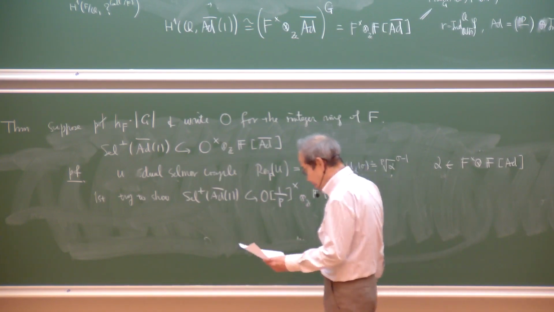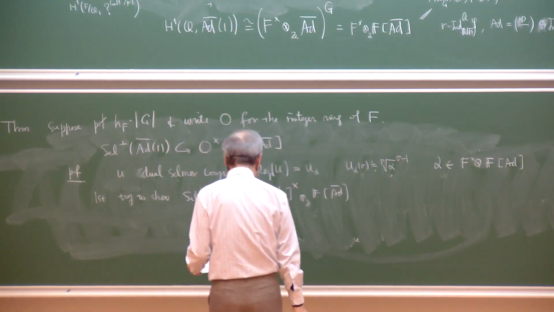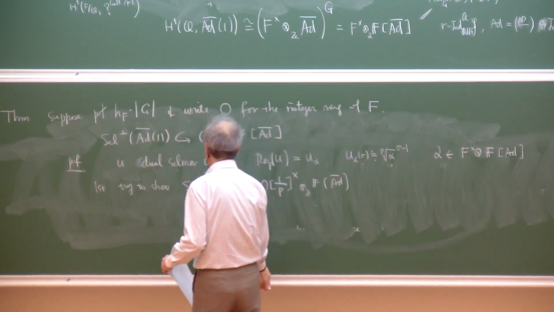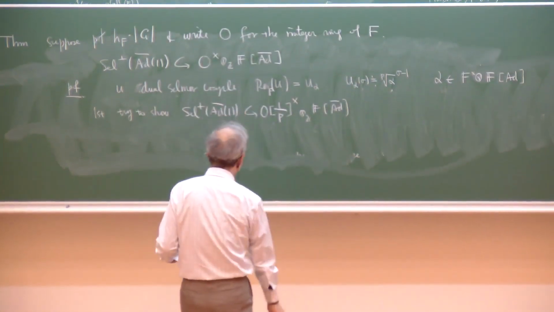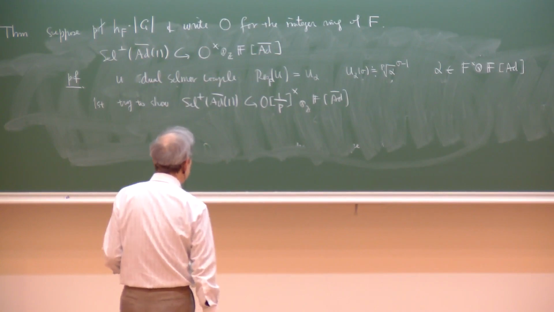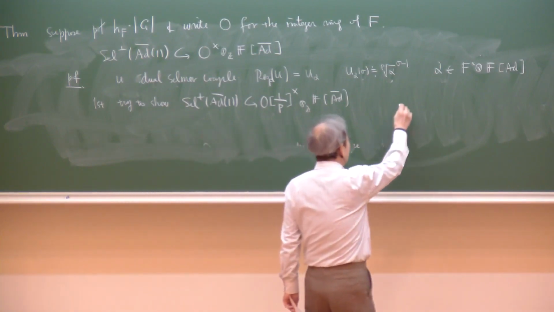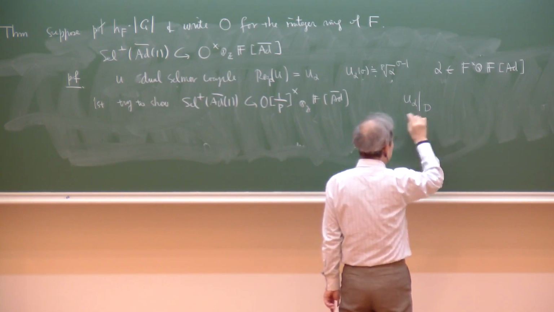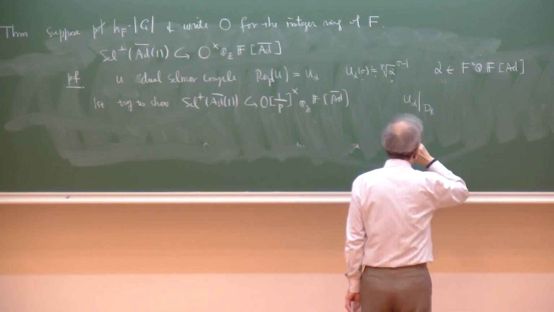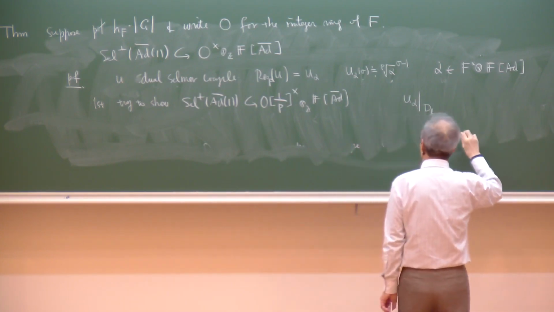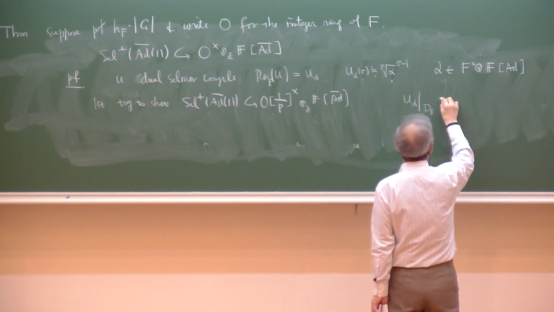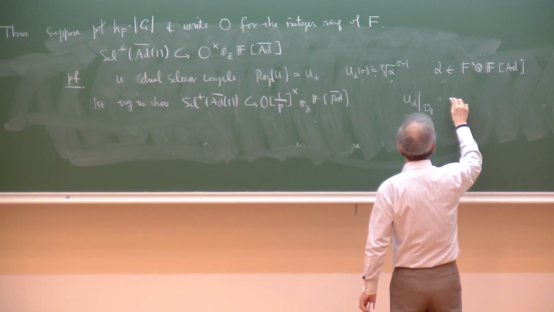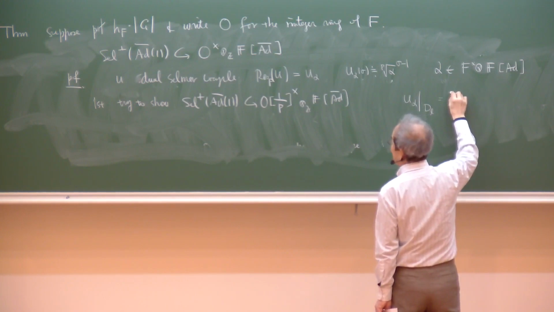This is the first step, and this is almost by definition, or because of my cheating, it is already unramified. So U alpha restricted to the decomposition group at L is essentially the same thing.